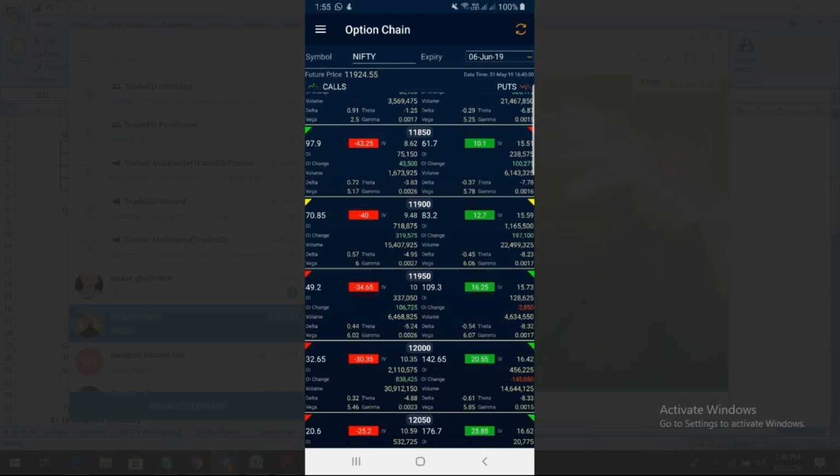Of course, sometimes writers, who are big players, increase the rate of premiums on any particular occasion, like election time. You must have seen we lost almost 32,000 on election result day.